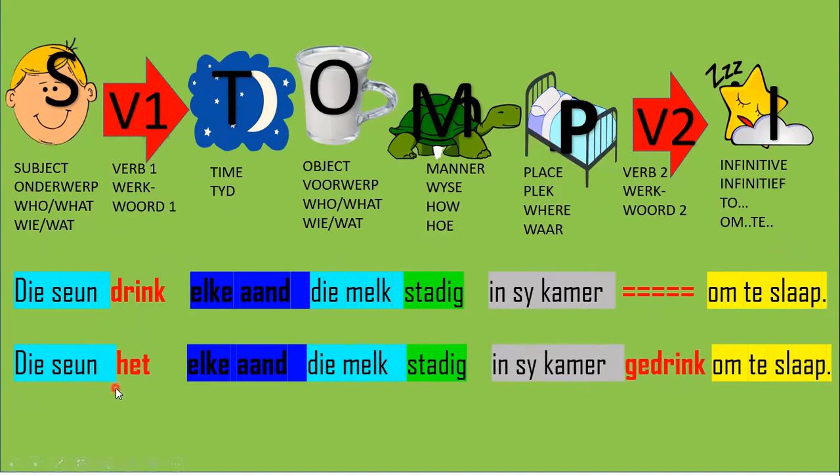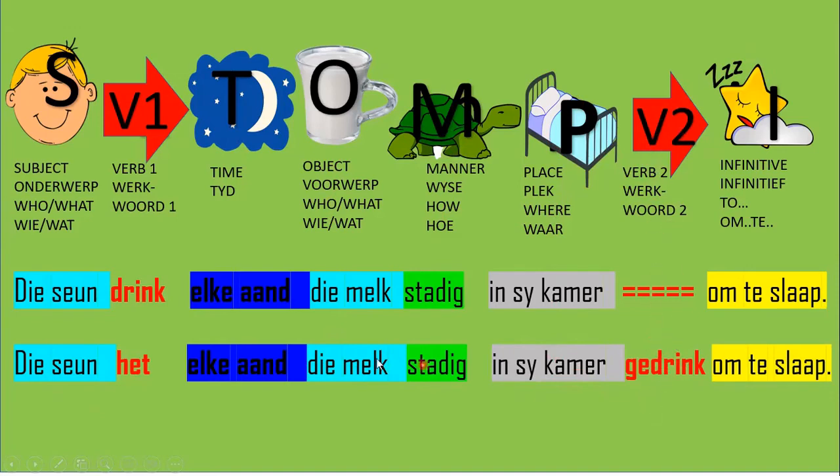Het verb 1, elke aand, time, die melk, object, stadig, the manner, in sy kamer, the bed, gedrink, with verb 2, om te slaap, infinitive. So everything remains the same, and the only thing that we added is another verb 2.